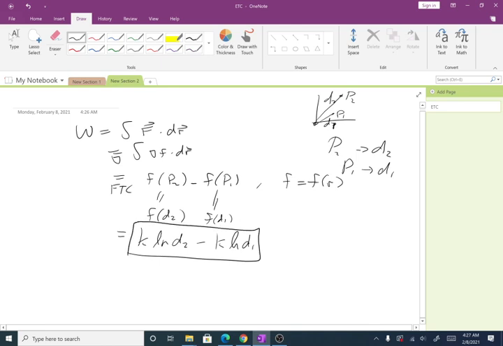So just as a sanity check, in case an expression for f is slightly different, notice this increases with d2. So the work done to move it is actually positive, so it increases energy. And this makes sense. So the force is outward pointing.